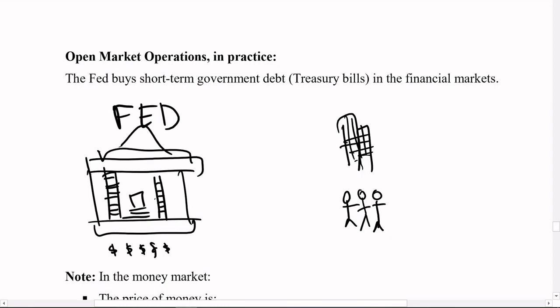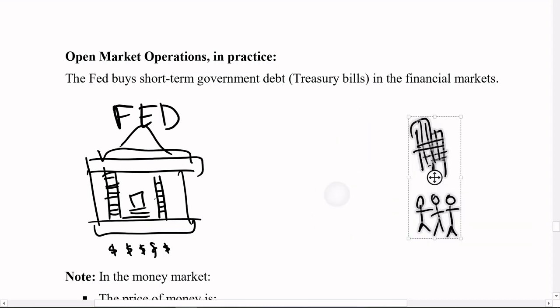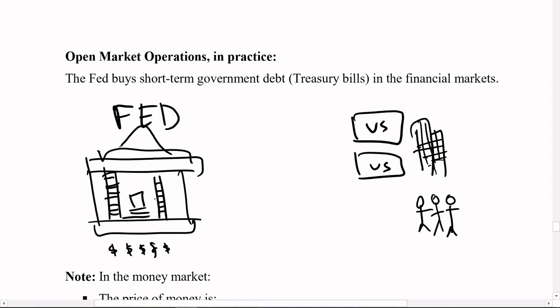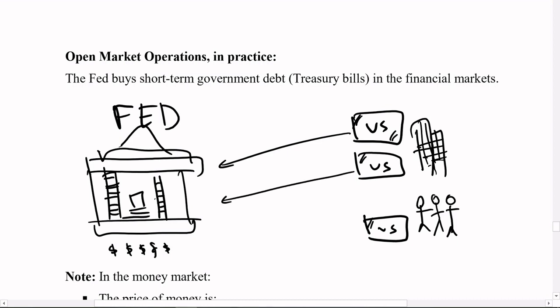Actually, let's move these people over. So this is a U.S. government bond. The individuals own a couple of these government bonds, and so what the Fed is doing is they're just buying the bonds. So the bonds come to the Fed.